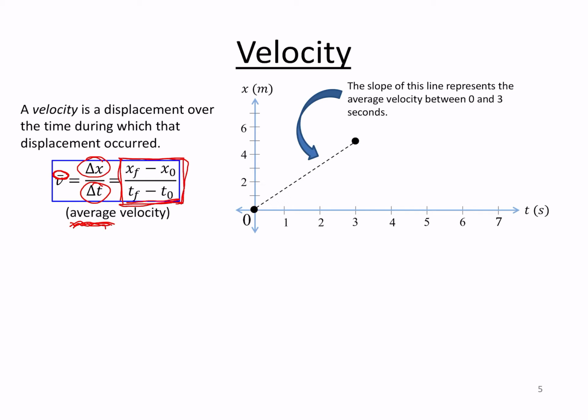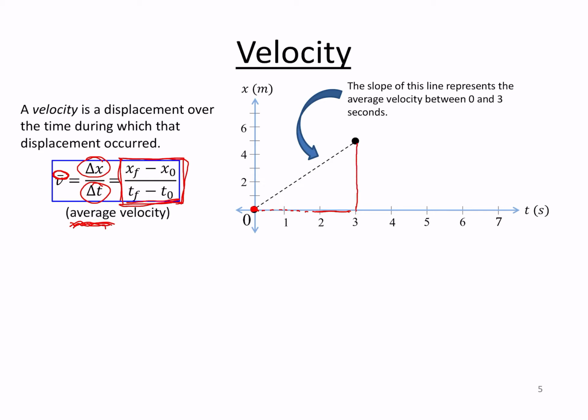Now this graph is meant to give you a few examples of how we might compute average velocity. If we know the position of an object at this time, so we'll start our stopwatch there, that's 0 time. And then 3 seconds later, this object has covered, it looks like, just over 5 meters on the y-axis.